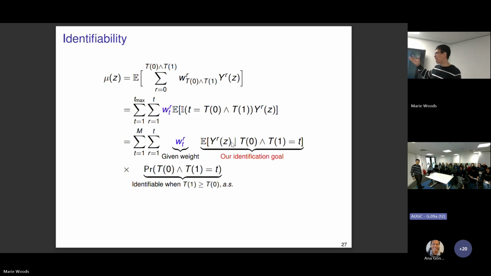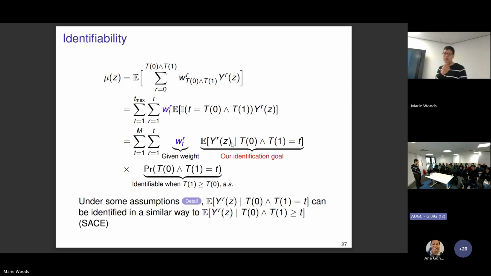But for any usual weight, this will be different. The point here is our identification is not very different from our identification of the survival average causal effect, because what's missing here, the proportion of the principal stratum, will be identified under the monotonicity assumption, which people often assume for survival average causal effect identification. And the last piece here is the mean potential outcome in this particular principal stratum.